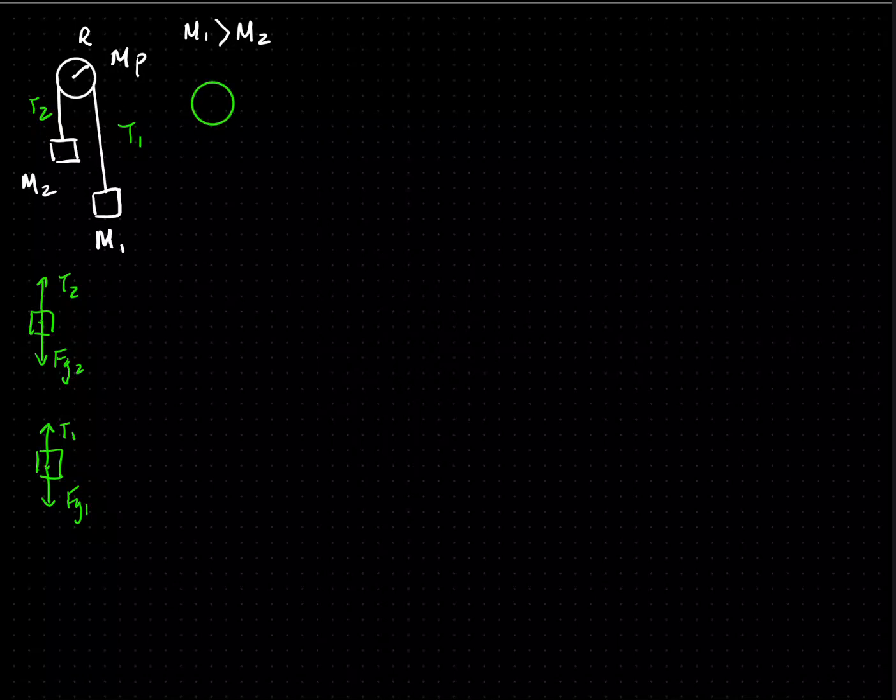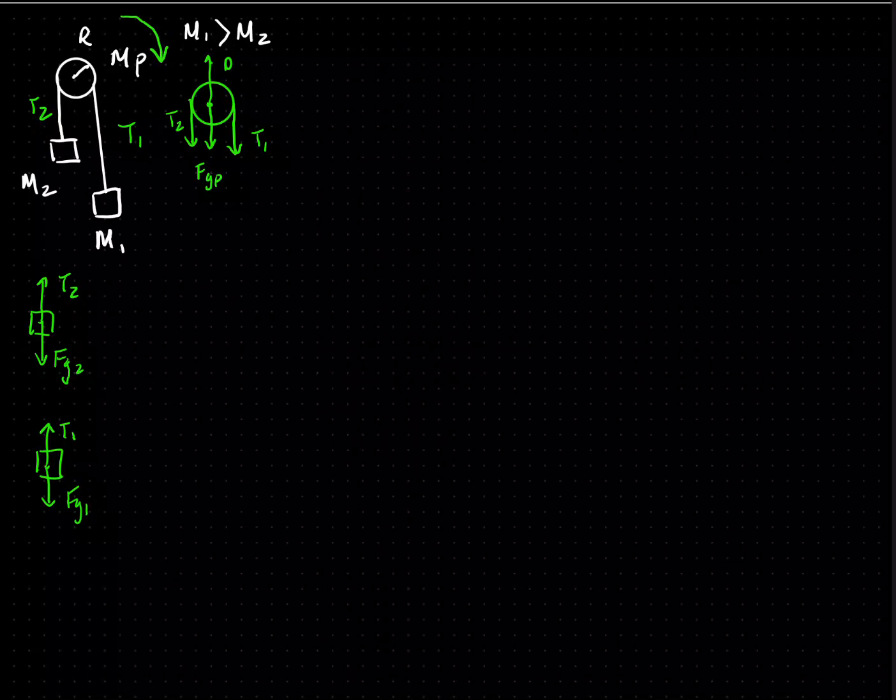So the pulley will have tension 1 on the right side and tension 2 on the left side. In the middle, it will have the weight of the pulley, and then a normal force on the pulley from the pin. Since mass 1 is greater than mass 2, this pulley is going to rotate in the clockwise direction.